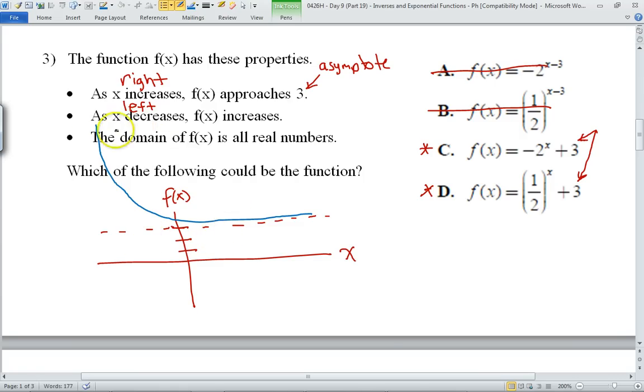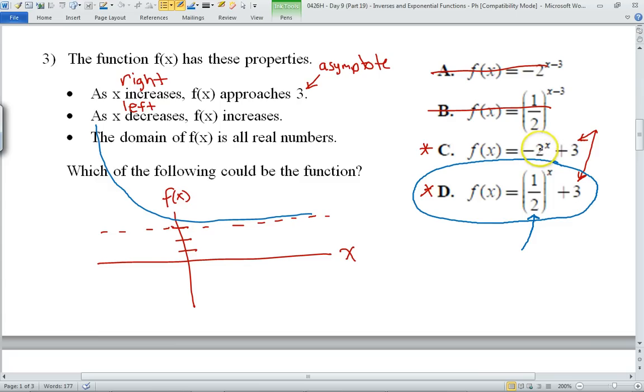Okay, fine. That means looking at it in the normal direction, is this a growth or decay function? This should be a decay function. Okay, getting lower and lower as we go from left to right. So which one of these would represent a decay function, getting closer and closer to the asymptote from left to right? Well, that's going to be D. We know that's the decay function because the B value here is less than 1.